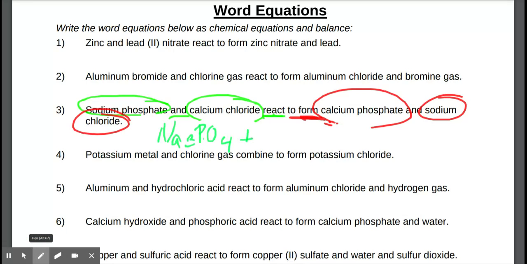Na3PO4, and that mixed with the calcium chloride, which is going to be CaCl2. And then that produced calcium phosphate. Well, now we'll need parentheses. Calcium phosphate, and then sodium chloride.